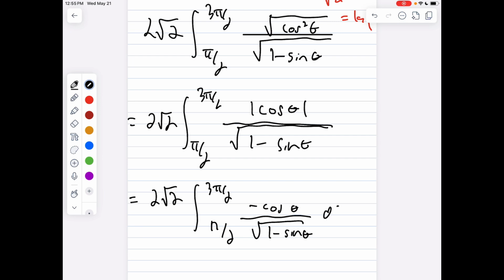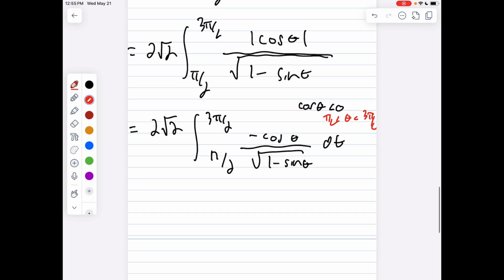Again, this is because cosine is less than 0 for theta between pi over 2 and 3 pi over 2. Then we finish the integration with a u substitution. If you let u equal 1 minus sine theta, this becomes 2 root 2 times the integral from 0 to 2 of du over the square root of u. This is an improper integral, please note that. At the end, this comes out to be 8.